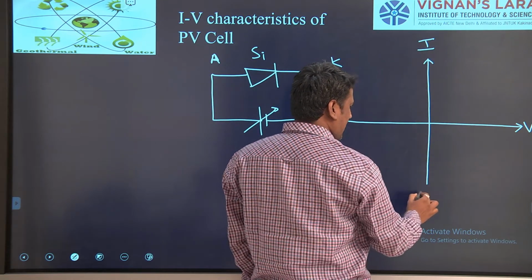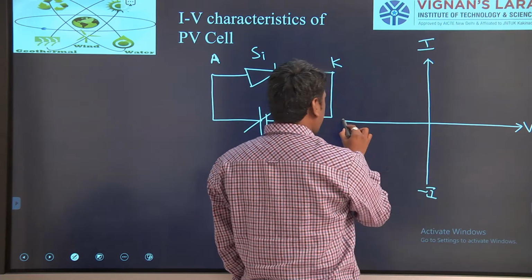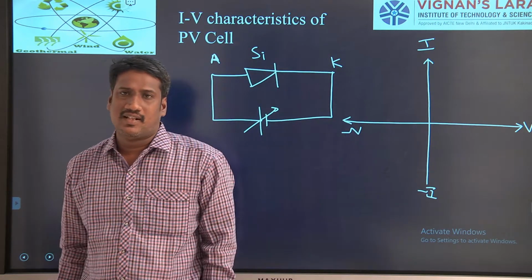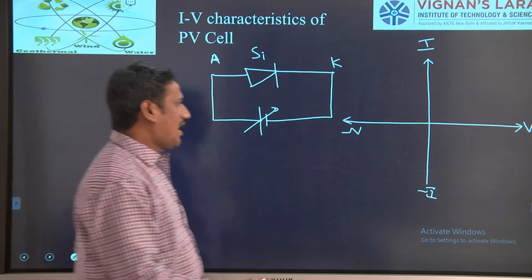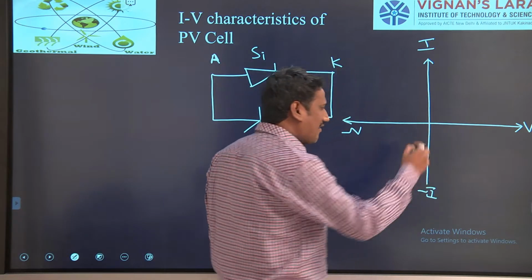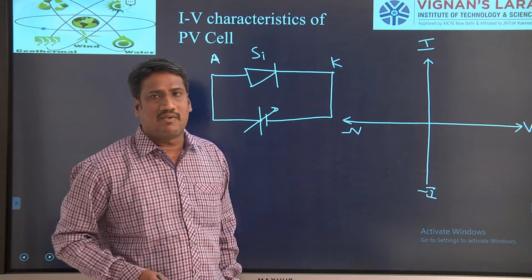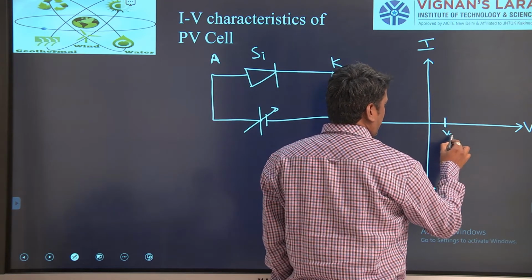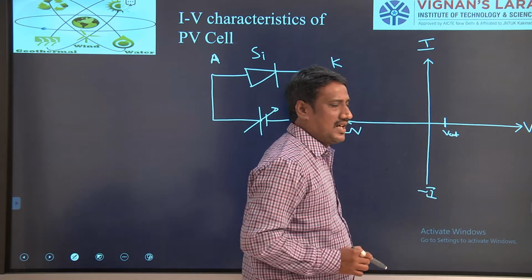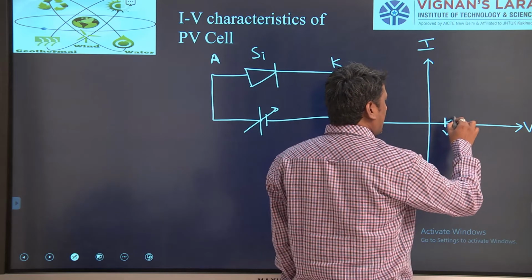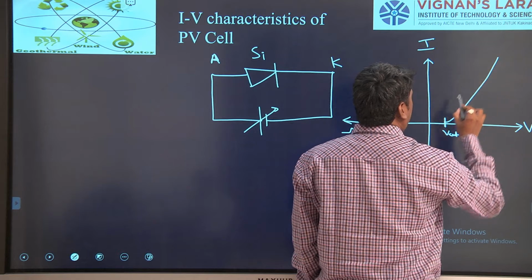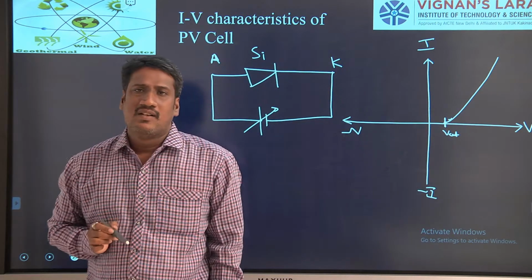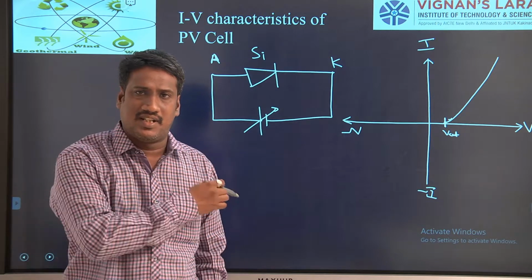On the opposite side you will have minus I and minus V. In the forward biased condition, if you keep on increasing the voltage, from the cut-in voltage point the current keeps on increasing in an exponential manner, as we have seen in the forward biased case.